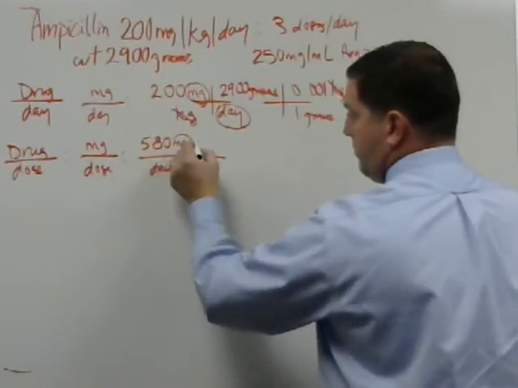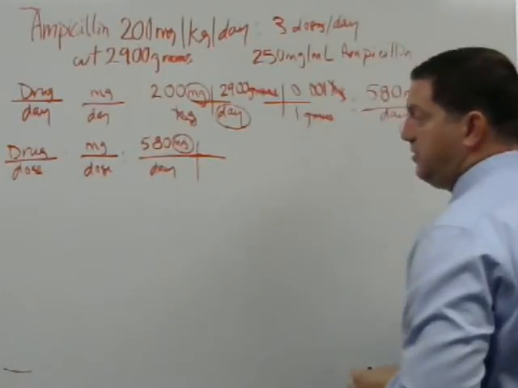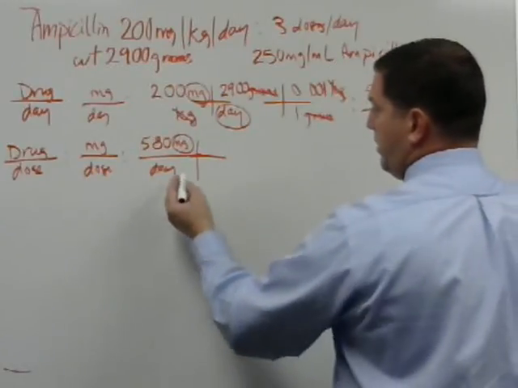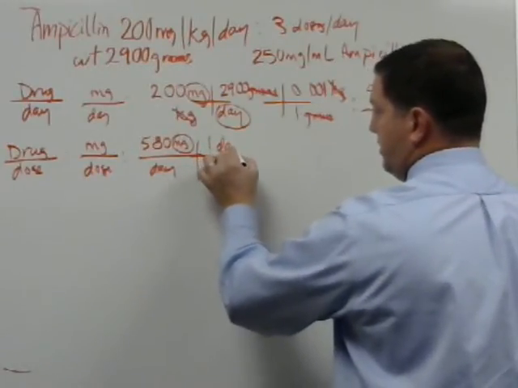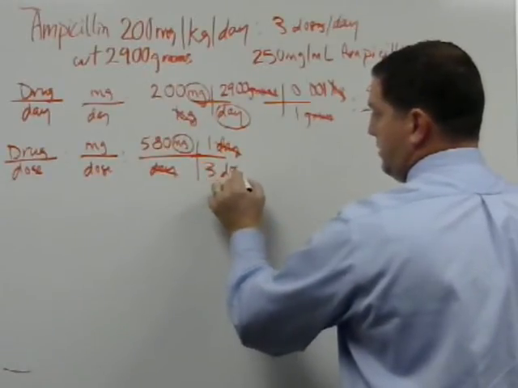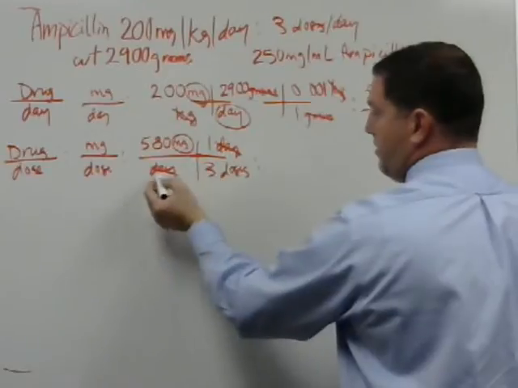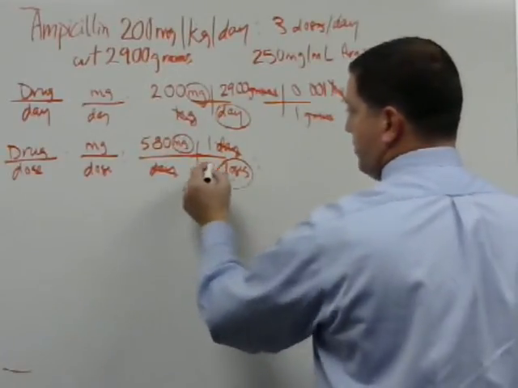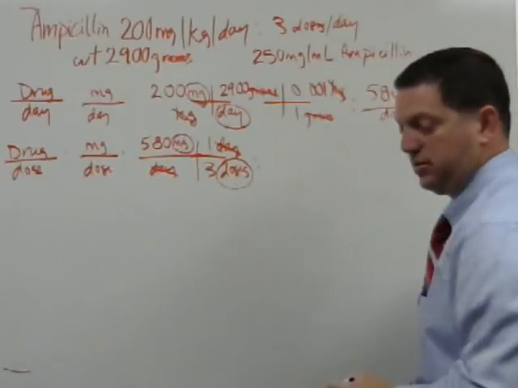I already have my identifier for my numerator, but day is not what I want; dose is what I want. I know that in 1 day I give 3 doses. So you see how I was able to cross out and eliminate the day. Now I have milligrams per dose, exactly what I want to solve for.